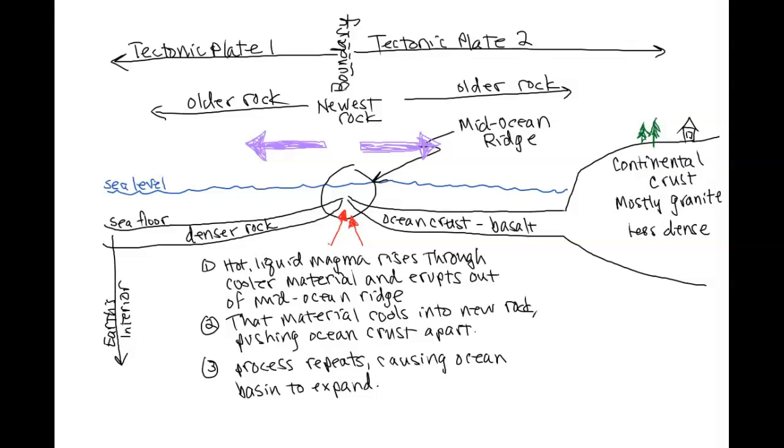So this is a divergent plate boundary. So a mid-ocean ridge is a divergent plate boundary where two plates are moving away from each other because new material is being formed at the ridge each time an eruption happens.